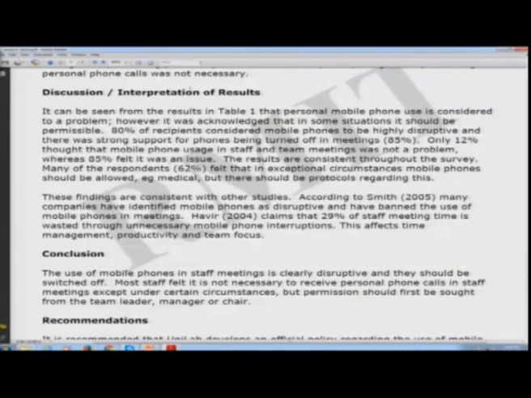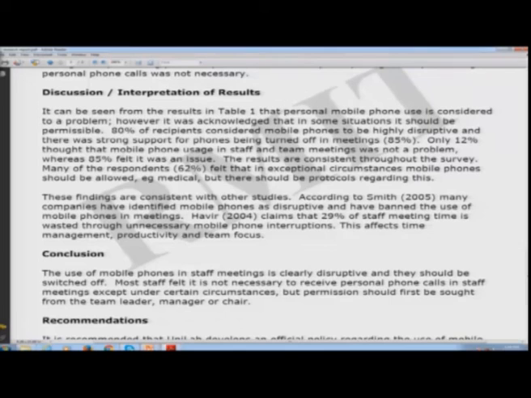Now, discussion. It can be seen from the results in table 1 that personal mobile phone use is considered to be a problem. However, it was acknowledged that in some situations it should be permissible. 80% of the recipients considered mobile phones to be highly disruptive, and there was strong support for phones being turned off in meetings, 85%.